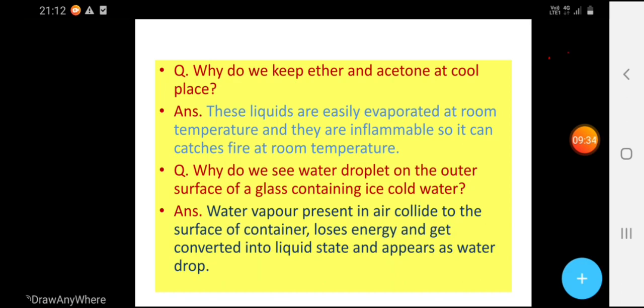So these liquids are easily evaporated at room temperature and they are inflammable. What is the meaning of inflammable? मतलब जिसको जलाया जा सके, जो आसानी से जलाया जा सकता है. So spirit, petrol and acetone, all the liquids are volatile liquids.